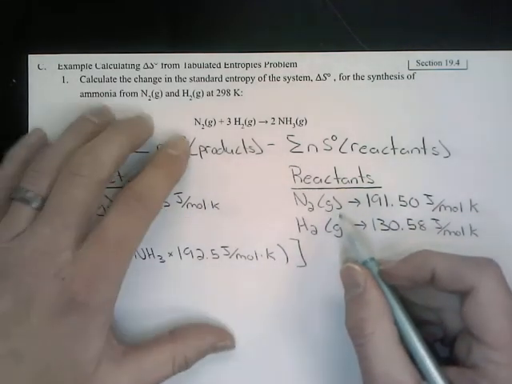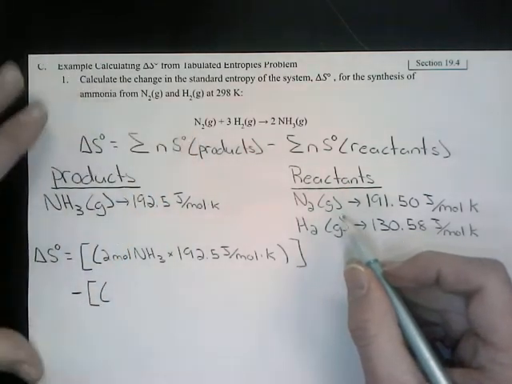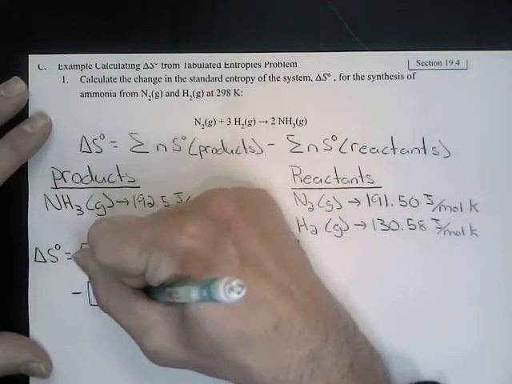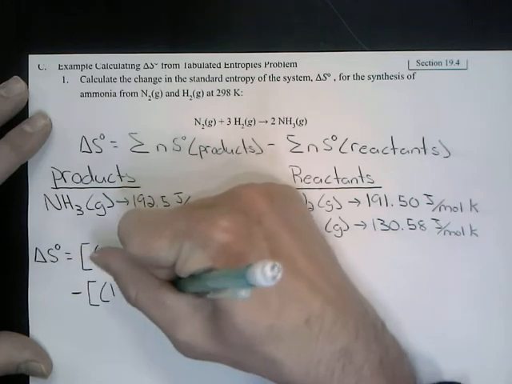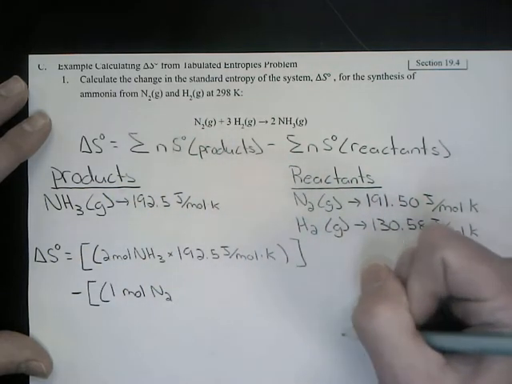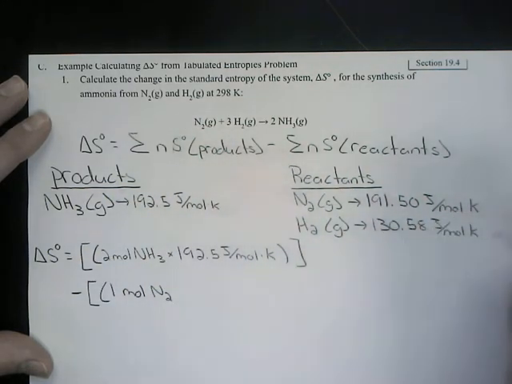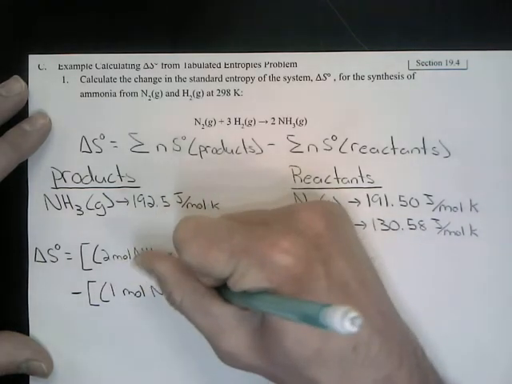So we start out here, number of moles of nitrogen. Well, we have 1 mole of N2, times our value here, which we looked up.